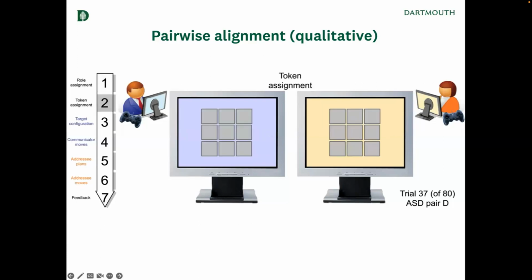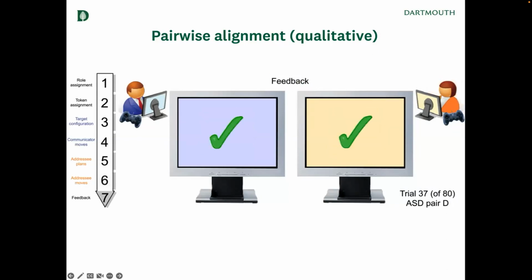Then something happens on trial 37. I'm going to ask you whether you think they now have reached understanding, yes or no. Success. What do you think? No?